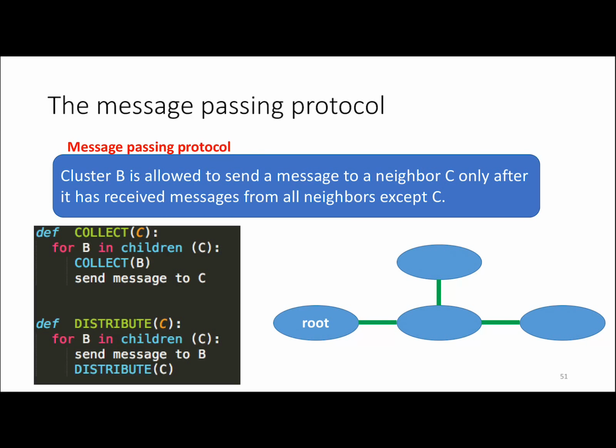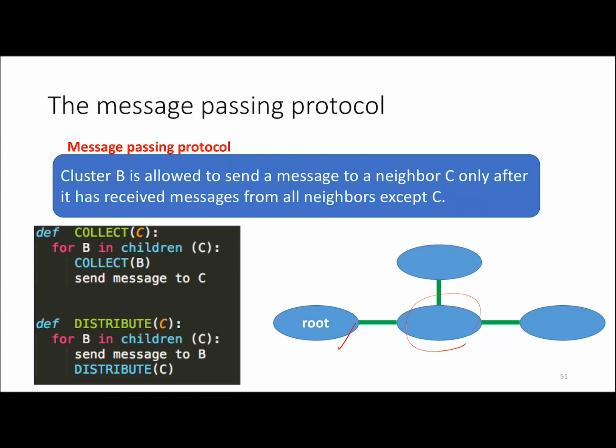Here you have only one child, so you say collect the message. It says, well, I don't have it, I have to call collect on my children. So it's a recursive way of calling it, until the request arrives at a child that says, okay, I don't have any children, I'm going to send the message back to you. So you invoke this collect.